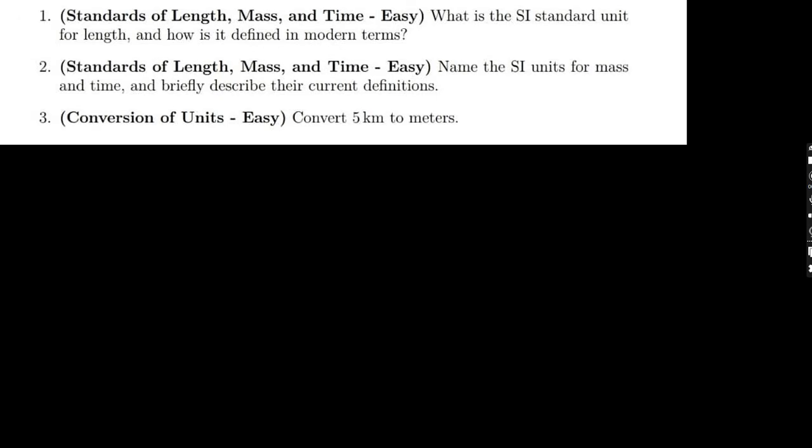So starting on question 3, at least things have started changing because though it is very simple, it is one of the important parts of this tutorial sheet. To convert 5 kilometers to meters, we are going to say 5 kilometers.